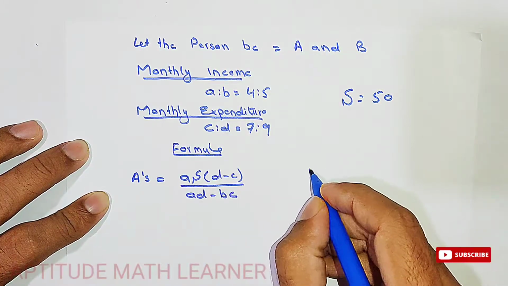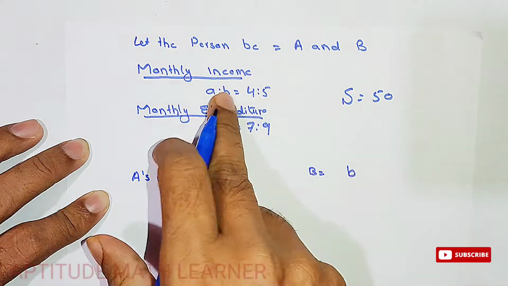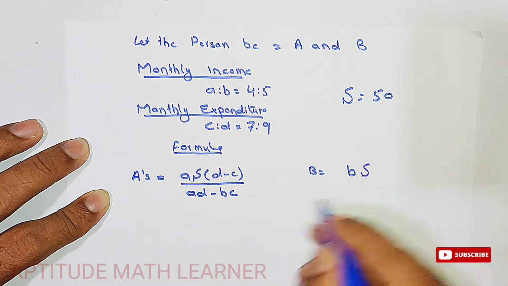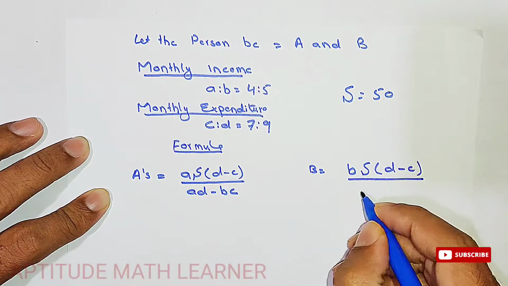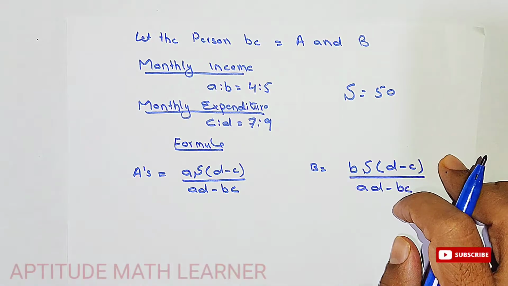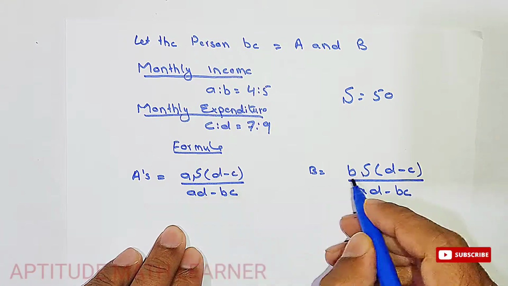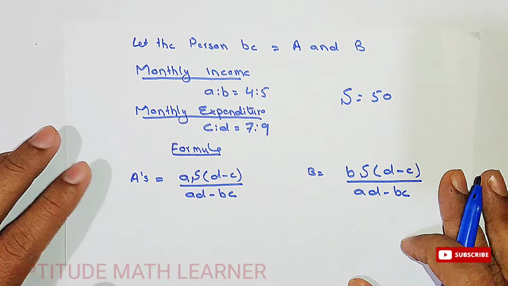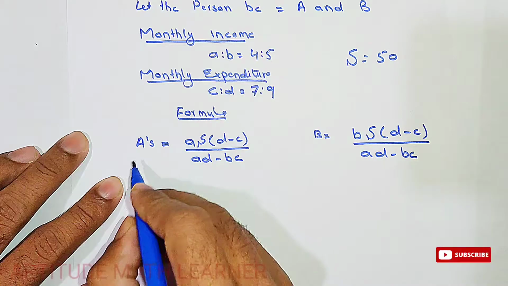And for B, the formula is the same, D minus C upon AD minus BC. Only one change you see in both the formulas, that is A and B, and other things are the same for both.